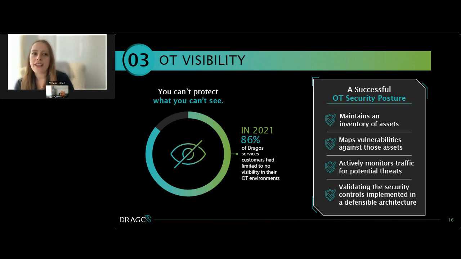And then finally, this point is so important. Your operational technology visibility is going to validate the controls that you've implemented in your environment. It'll tell you whether the controls that you already have in there are working or not.